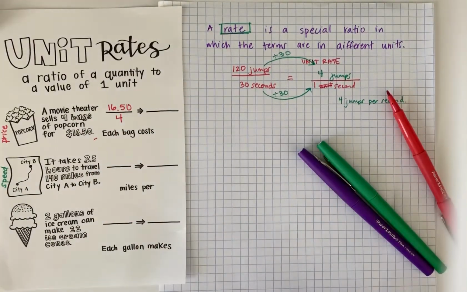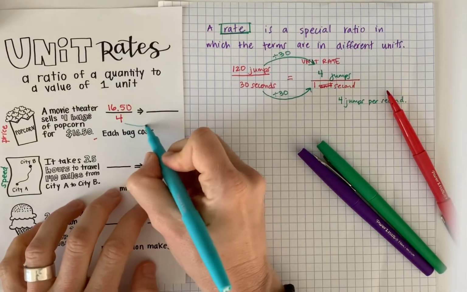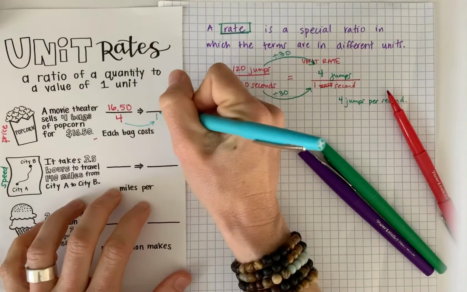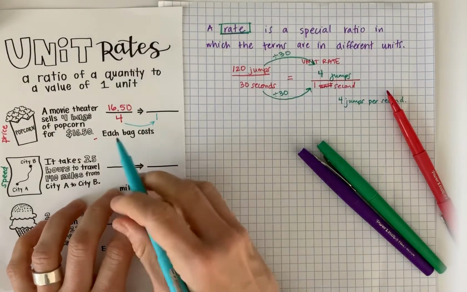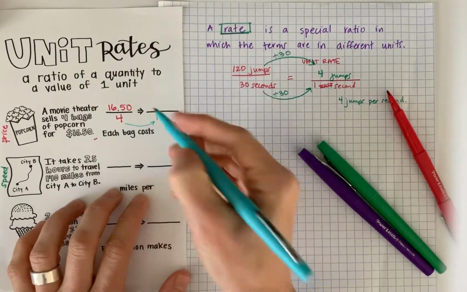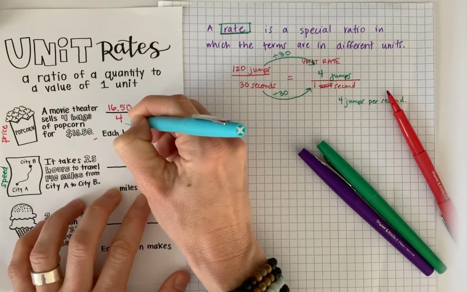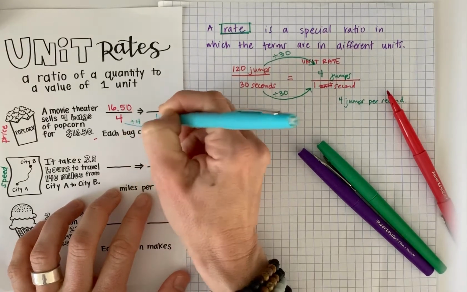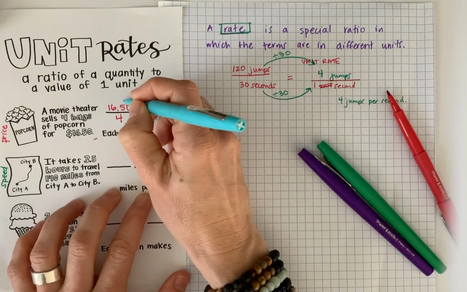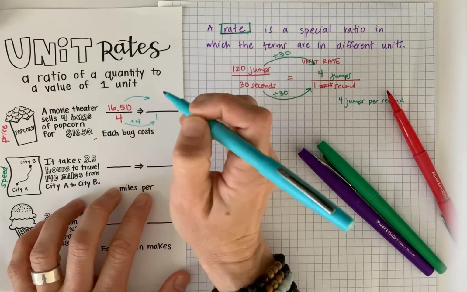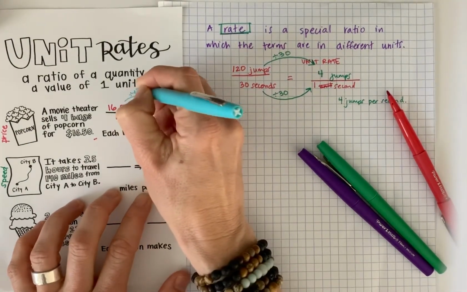Now, to find the unit rate, I'm trying to figure out how much it is going to cost per 1 bag. So if I've gone from 4 to 1, I'm decreasing it by a scale factor of 4. So I'm dividing that by 4, which means I need to do the same thing to the numerator. I'm going to divide that by 4.